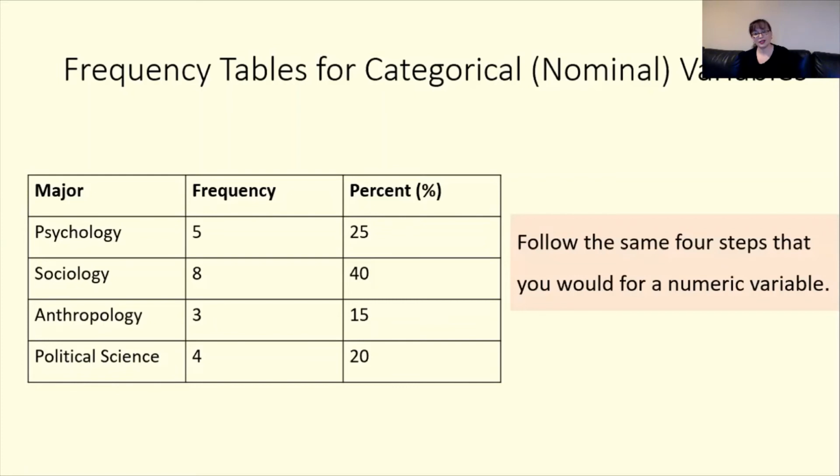But we're still going to tally the number of times that a particular name or category was selected. We're still going to write in the numerical number of the frequency that we got from those tally marks. We're still going to calculate the percentage the exact same way. And so all of the steps are going to be the same. It's just that now we're working with names of categories or groups instead of numbers.